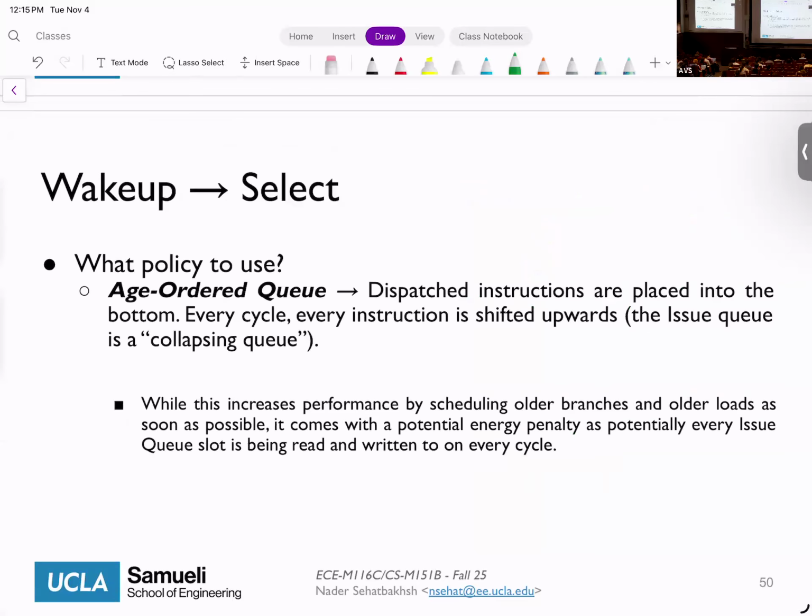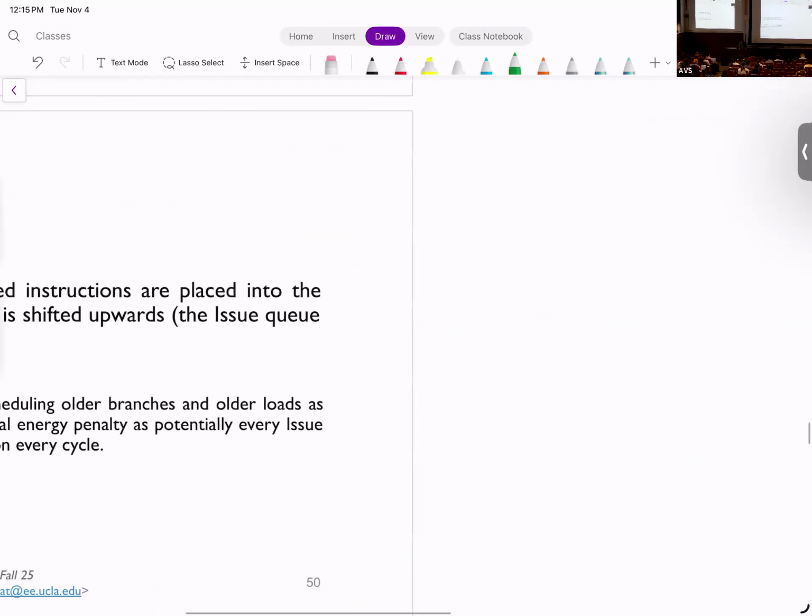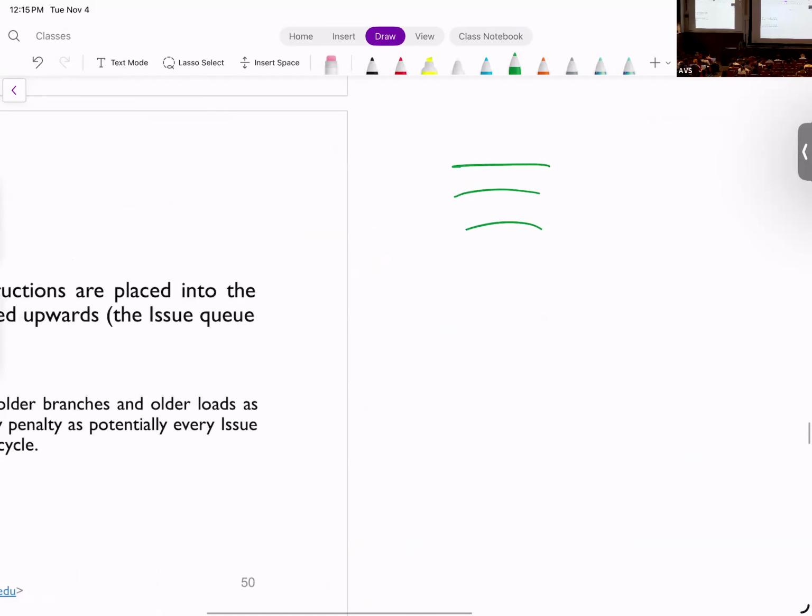The other one that is commonly used is what we call an age order queue. Think of this as a table that has rows. The first instruction goes here, the second instruction goes here, and so on. Once I issue an instruction, I collapse the queue. That is, everything is shifted upward.